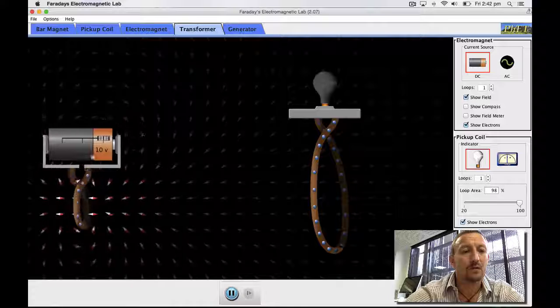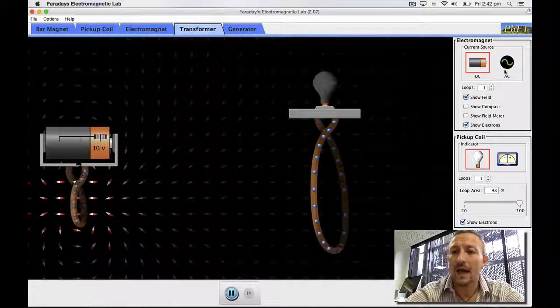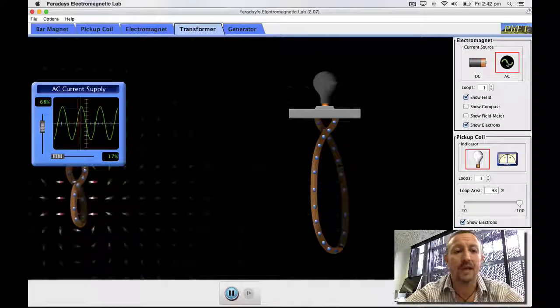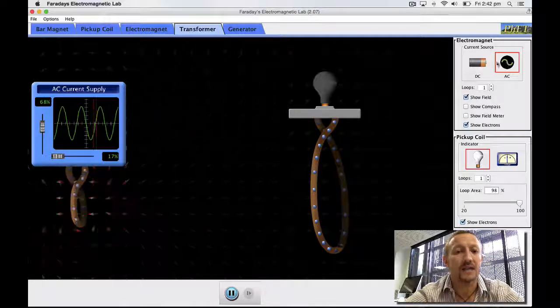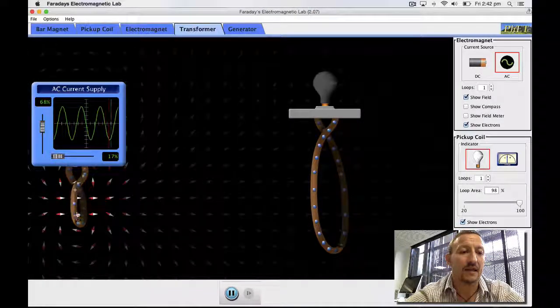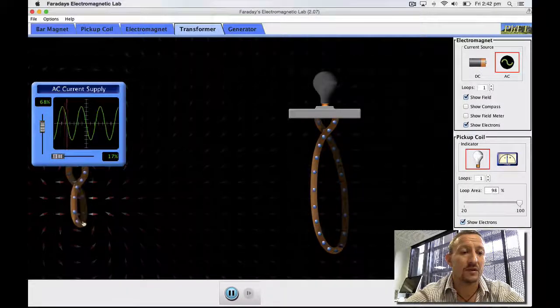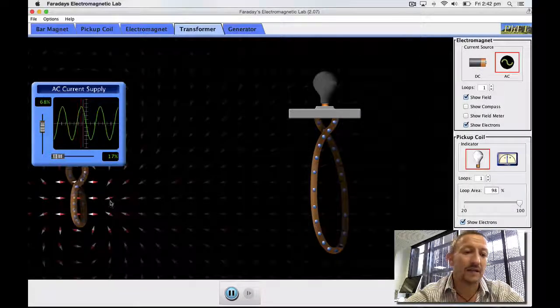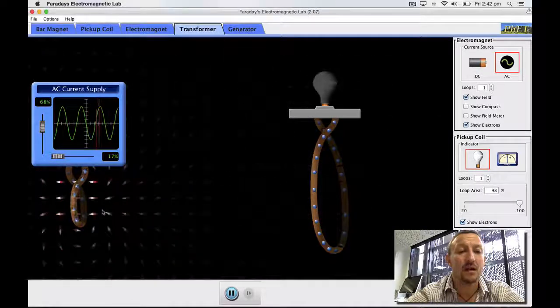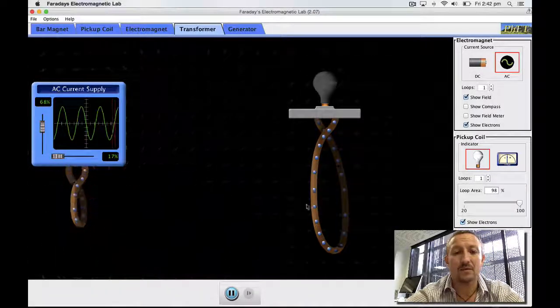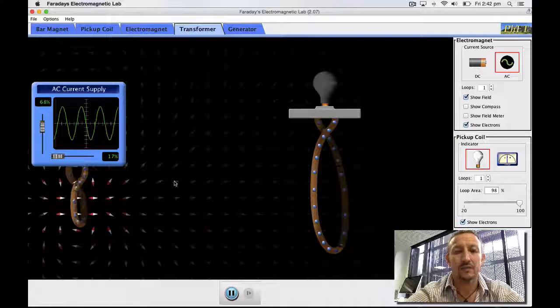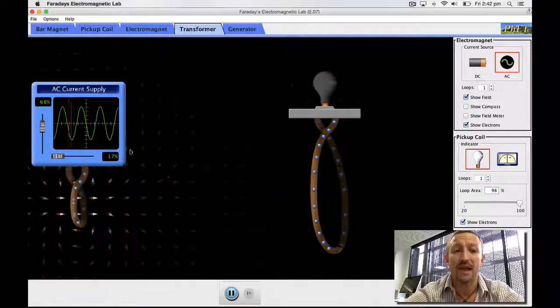So I'm going to move my coil right over here, and I'm going to flick over and put on AC. Now you can see with AC, what is actually happening is the electrons are going one direction, then they go in the other direction. Positive, negative. And you can see what's happening to the field lines. They are alternating. Now at the moment, the distance away is too great for there to be any effect.